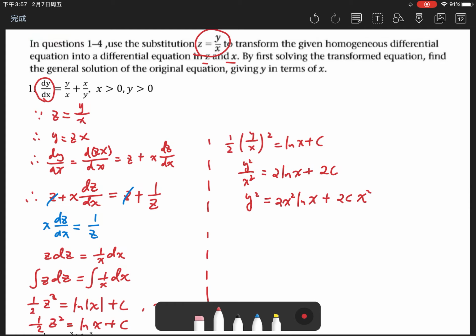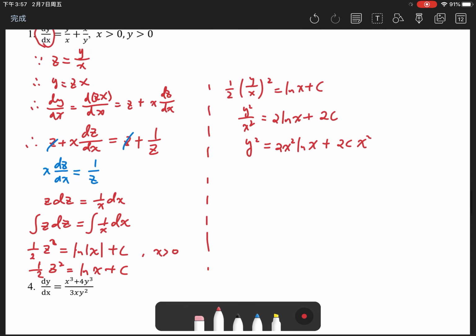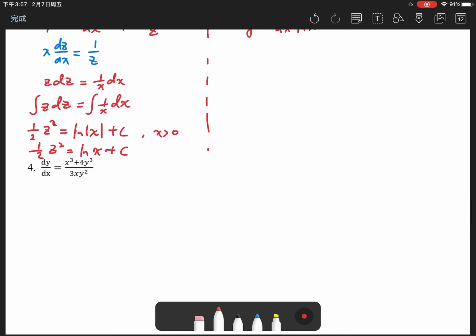Let's look at question 4. Question 4 is the same, so also we use the same substitution, z equals y over x.